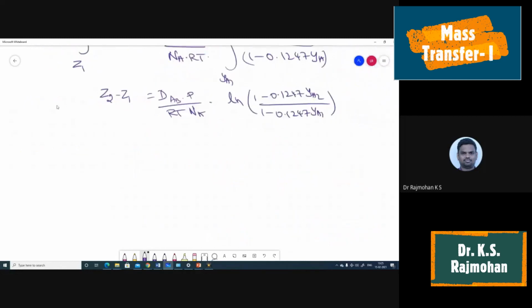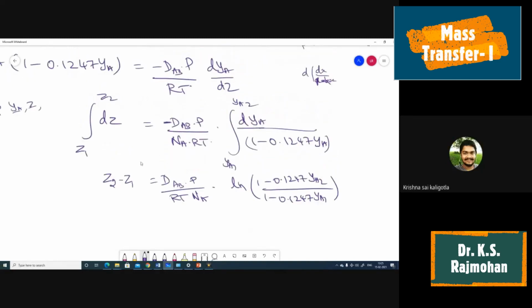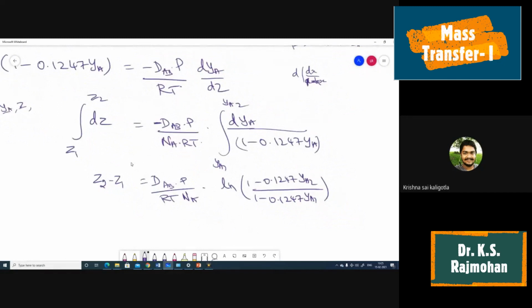So what we have? In the denominator we get 0.1247. Yes, sir. We get it in the denominator because the integration factor should come in the denominator as the constant 0.1247. Yes, that will come.